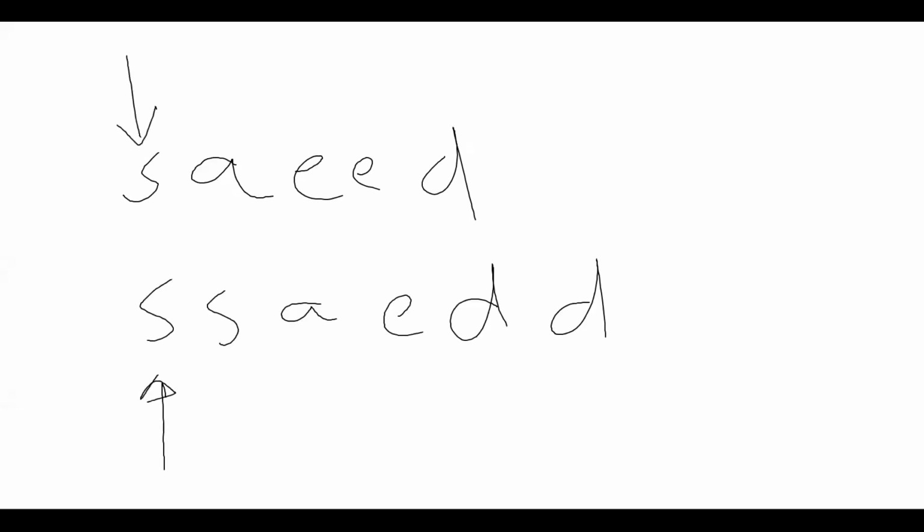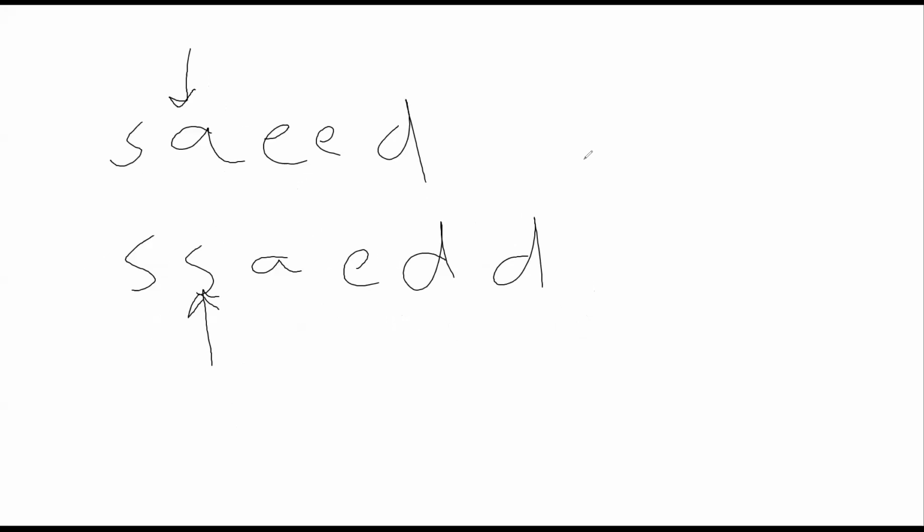Yes. So now they are the same, and then I advance both pointers to the next ones. Okay. So now they are different. Then I see if the character on the second string is the same as the previous character of the first string.